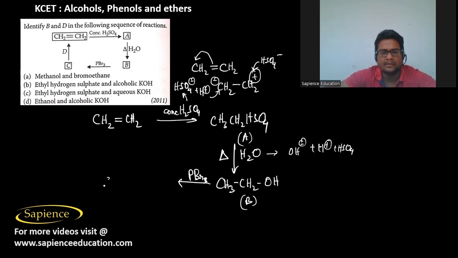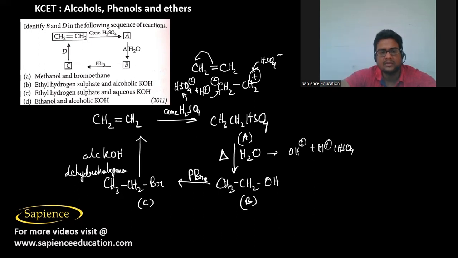So it will form CH3CH2Br, which is bromoethane, the compound C. And when it is reacted with alcoholic KOH, there will be dehydrohalogenation, and it will produce CH2=CH2. The alkene will be formed.